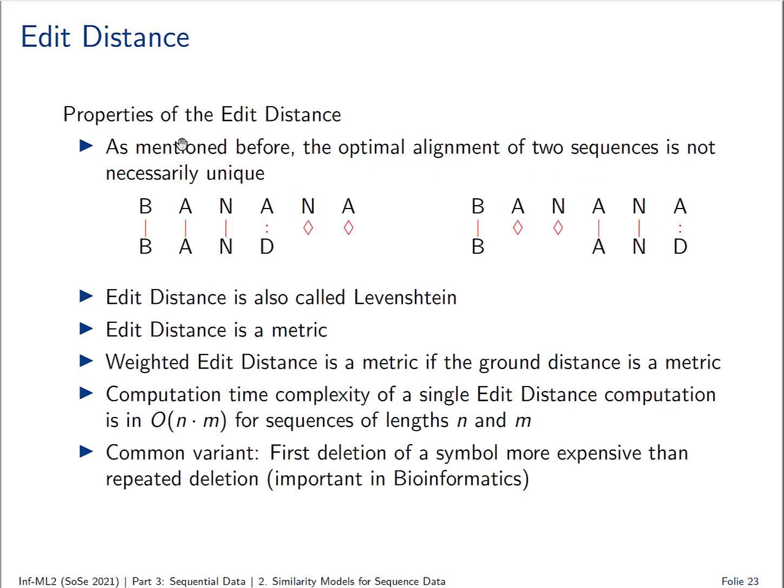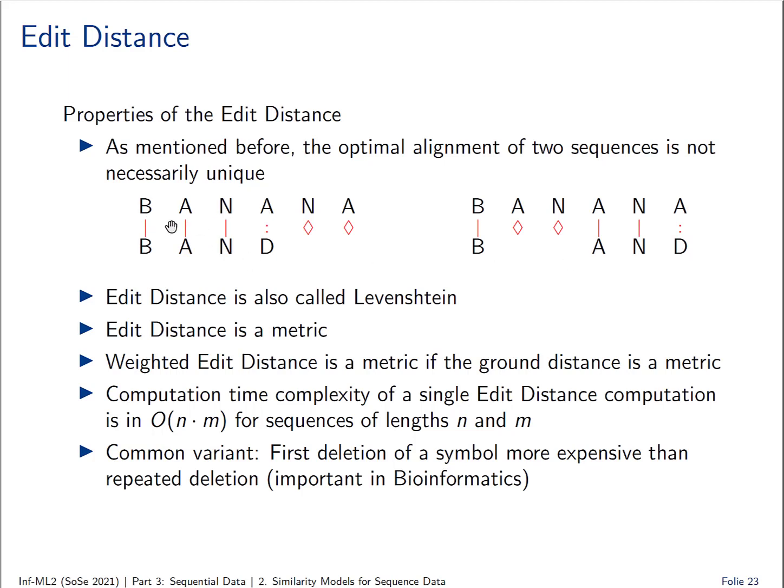To round that up, the properties of the edit distance are, as just mentioned, that the optimal alignment of two sequences need not be unique. So you see here, banana and band can be aligned in a cost optimal way in different alternatives.